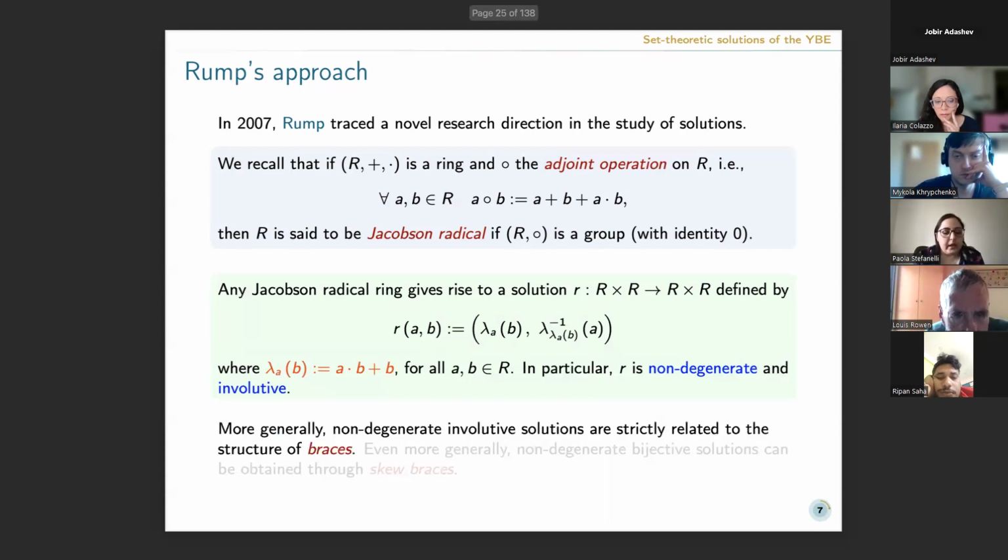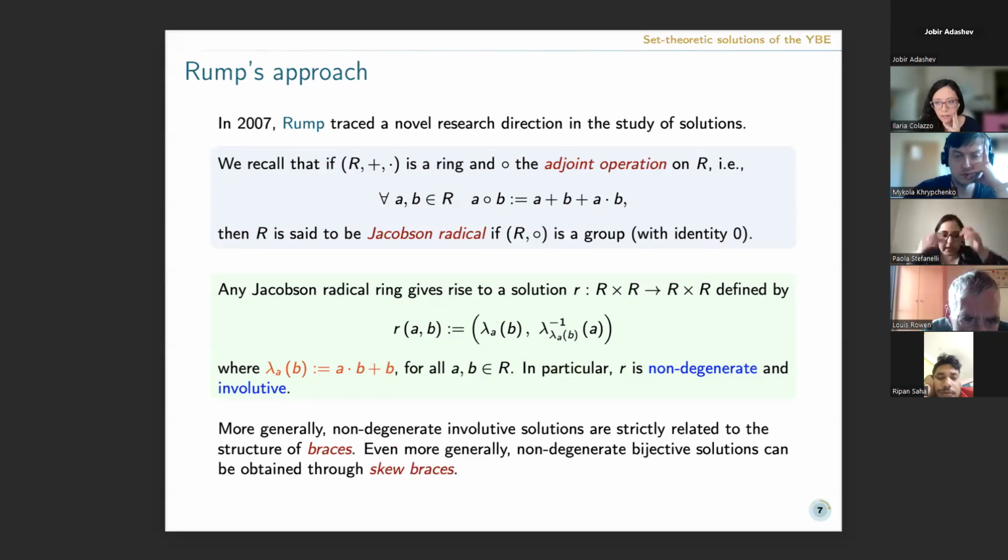But there is another structure, that are basis structures that are interconnected with involutive non-degenerate solutions. Rump introduced this structure for studying exactly involutive non-degenerate solutions, but even more generally, non-degenerate bijective solutions can be obtained through the structure of skew brace.